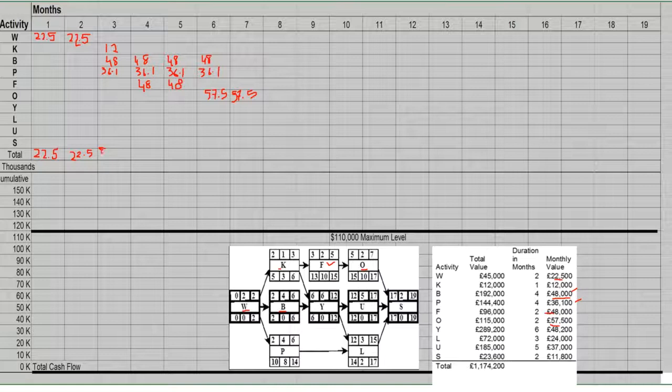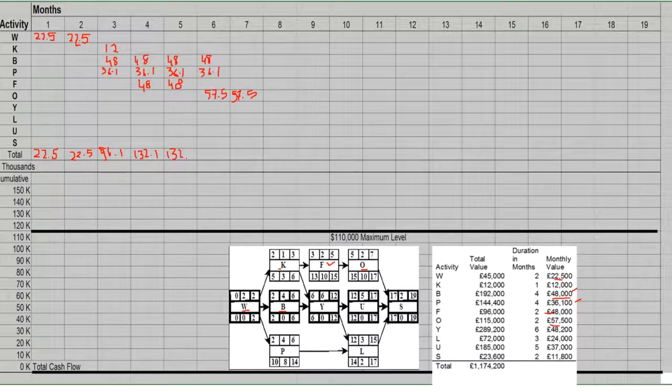So that's fine, no problem with that. And in month 4, we can see we are incurring 132.1, and that is the same with month 5.